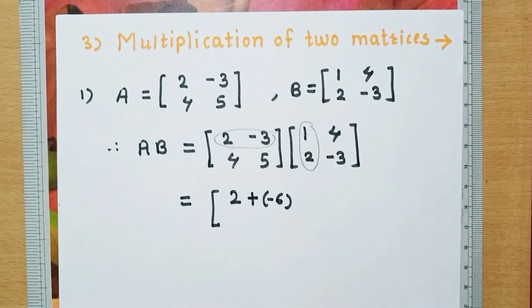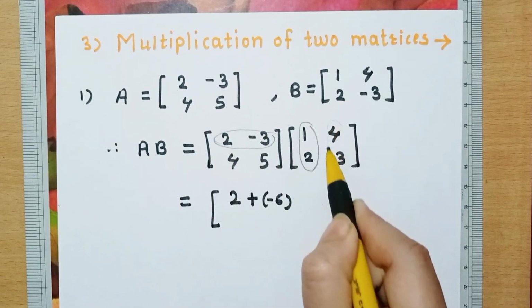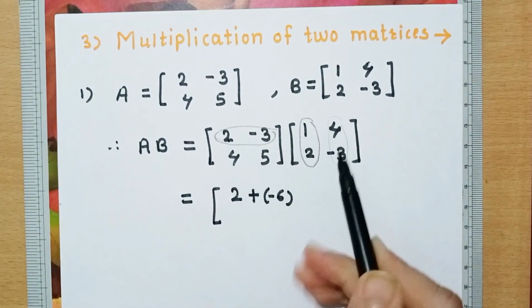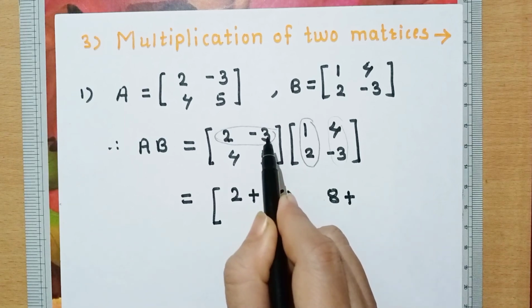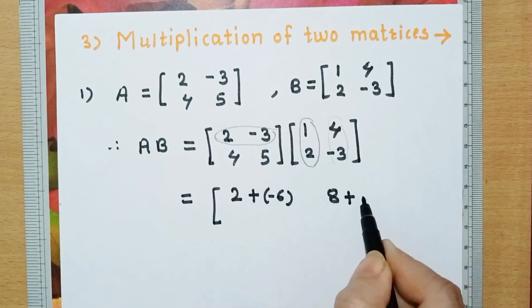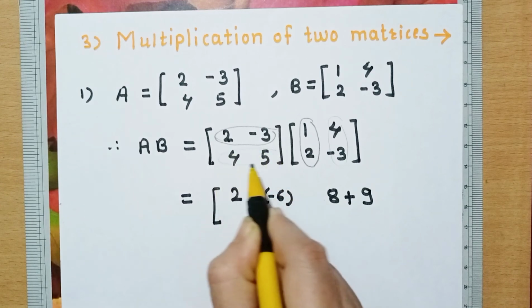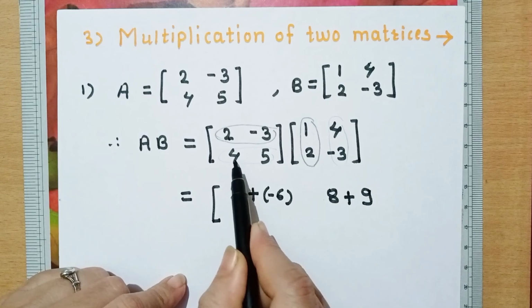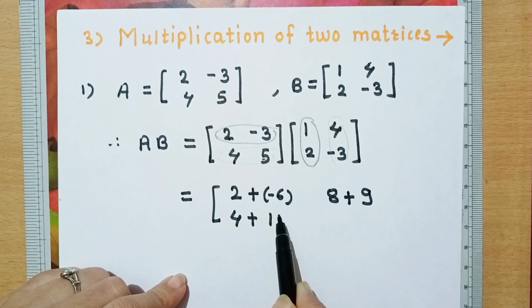Finish. Now to find this second number, this is only the first row, now consider the second column. So multiply here 2 4s are 8, middle sign plus, and then minus 3 multiplied by minus 3 which is plus 9. Now next consider the second row and first column. So now here first 4 ones are 4 plus 5 twos are 10.